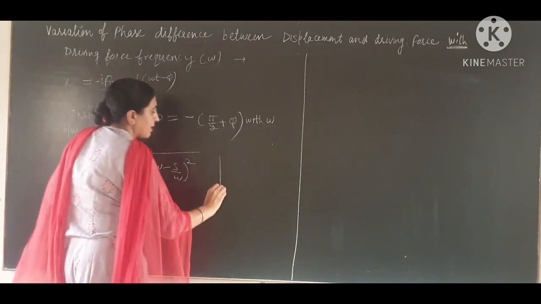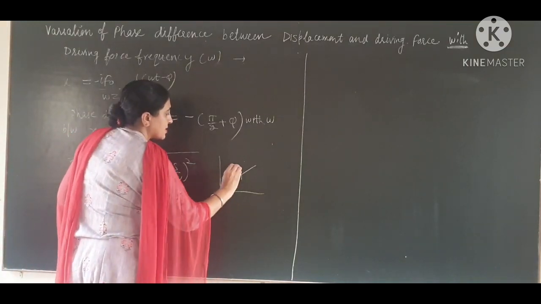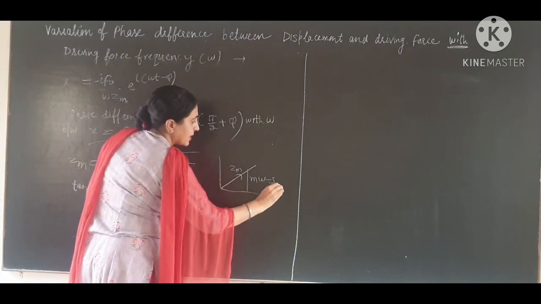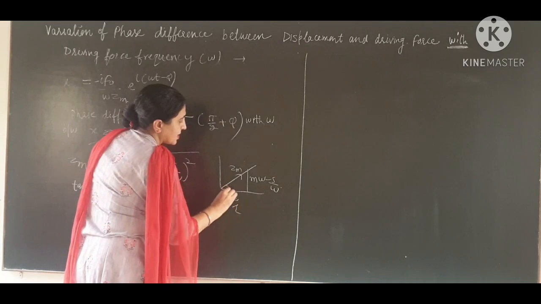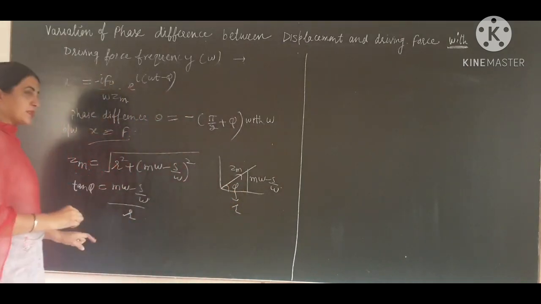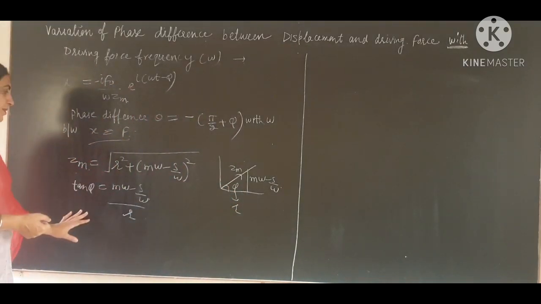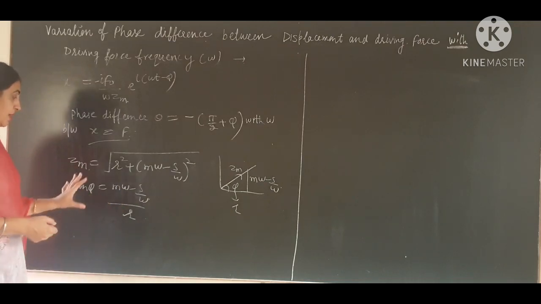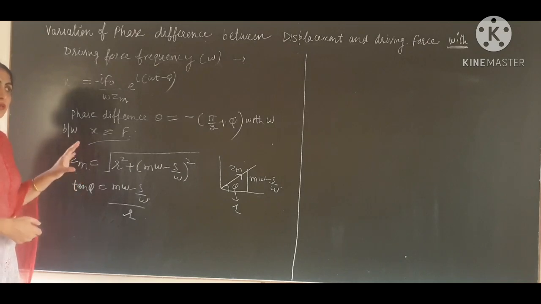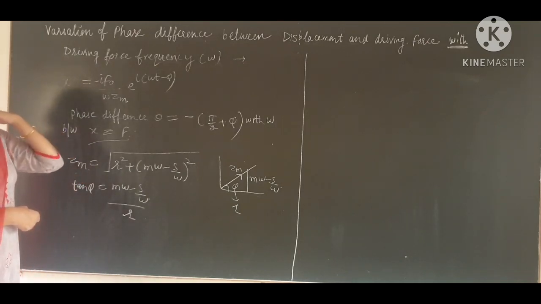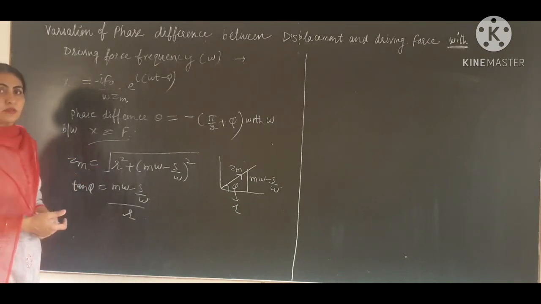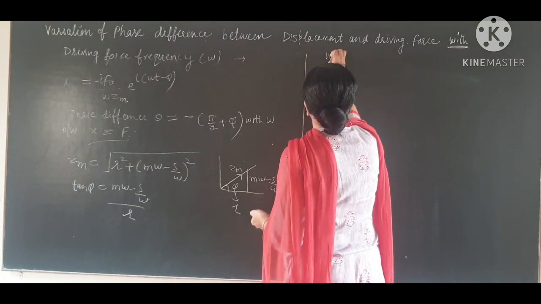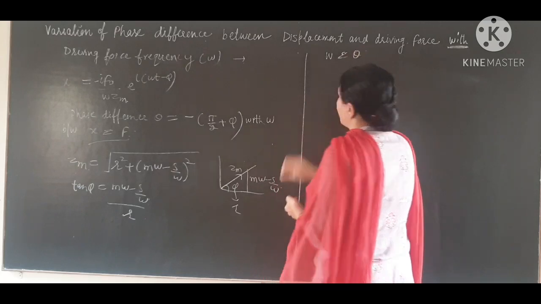In the impedance triangle, Zm is the hypotenuse, m omega minus s over omega is the imaginary part, r is the base, and this is angle phi. I explained this in detail yesterday, so please watch the previous lecture thoroughly. Now we have to plot a graph between omega and theta.